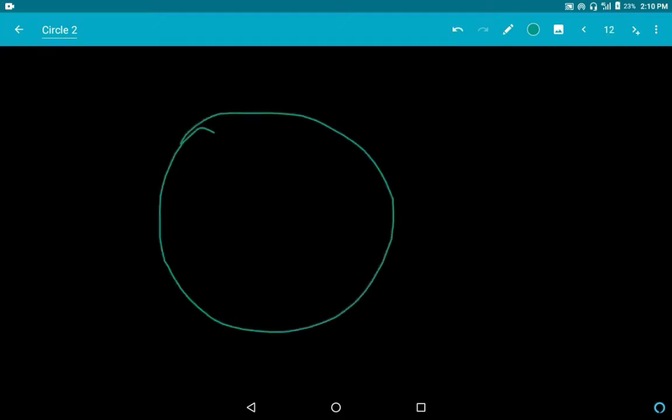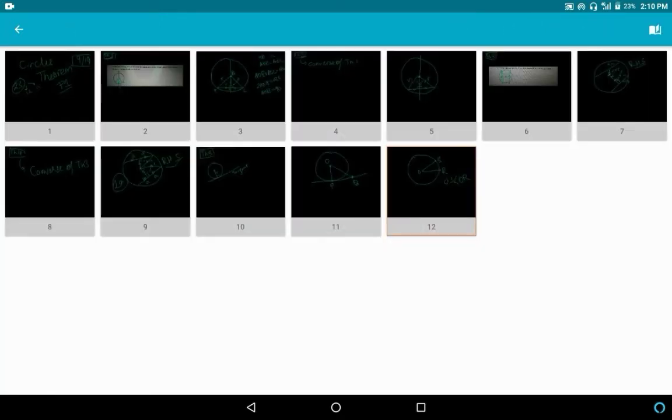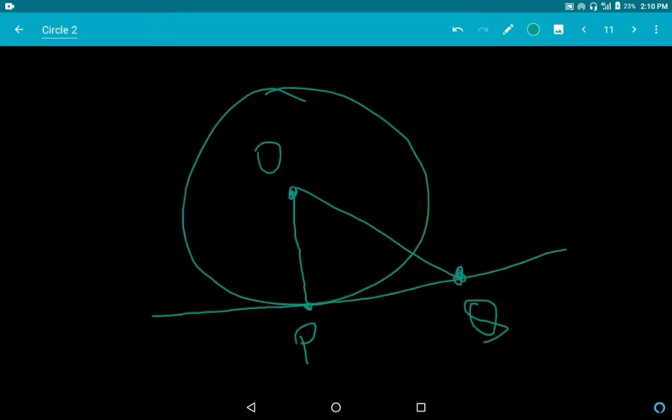If there is a point on the circle and a point outside the circle, which is greater in distance from the center, OS or OR? You will always say OS is less than OR because that point is on the exterior side. In that manner also, OQ, all these Q points here, will be outside.